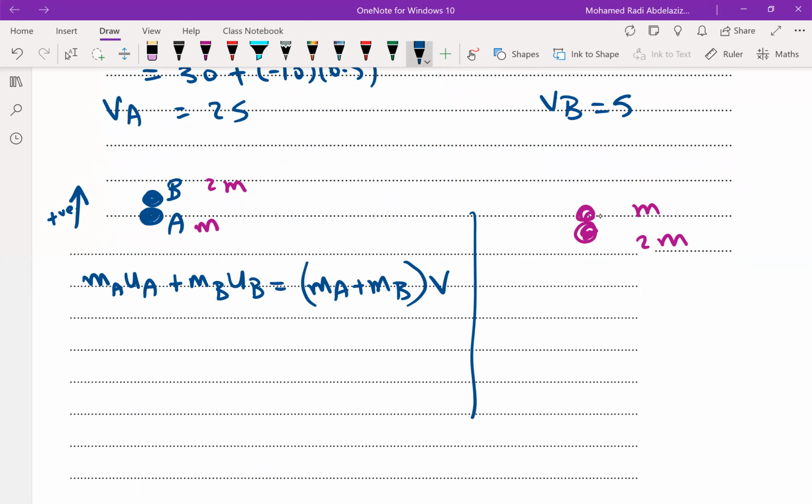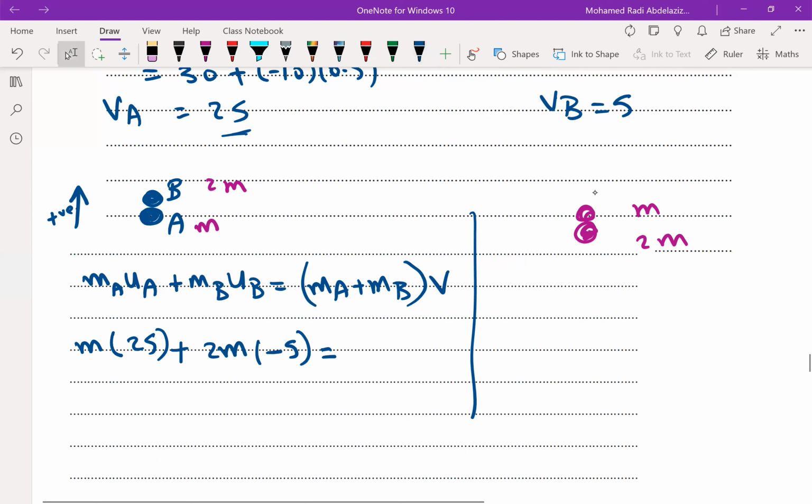Mass of A is m, u of A before the collision is 25. Mass of B is 2m, velocity of B is -5 because its direction is down, is equal to the summation, which will be 3m, m and 2m, times v.